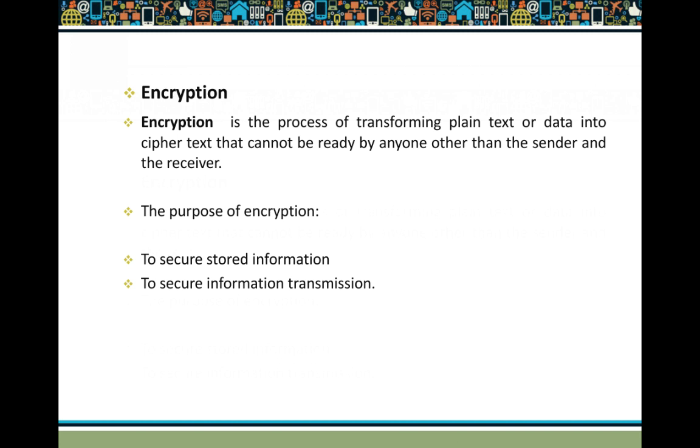There should not be any third person who can get it. We secure the information during transmission so that no intruder coming in between can take your message. So the two purposes of encryption are to prevent your message from being taken during transmission and from being altered during transmission.